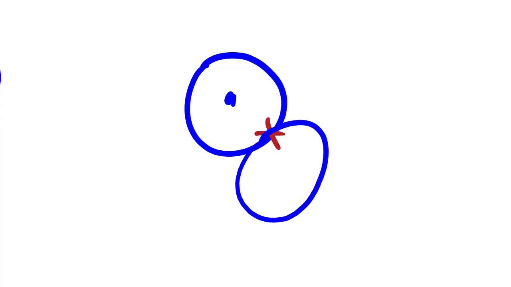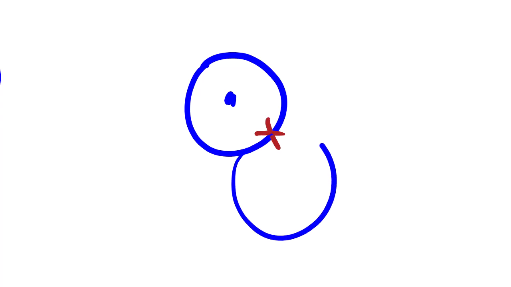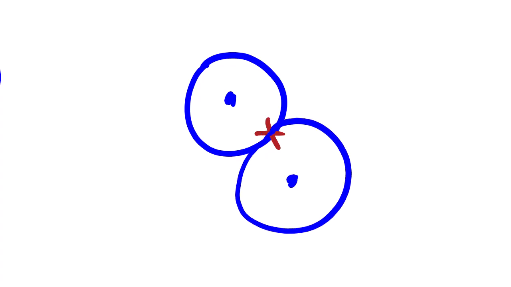You have a hydrogen atom with the nucleus, and you have an electron. Let me put the electron here. Then another hydrogen atom will come, and let's draw it like this, and they will come close to the first hydrogen atom.